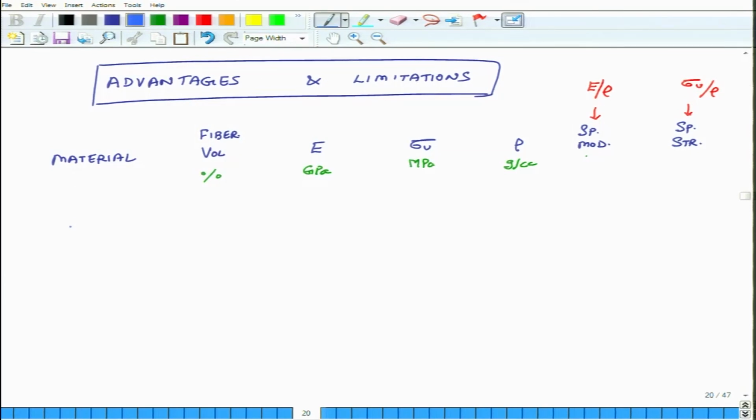So, the first material is mild steel, MS. Now, this is not having any fibers, so we are not going to worry about the fraction of fibers in the material. Its modulus is about 210 GPa. Its strength depends on what type of steel we are using.